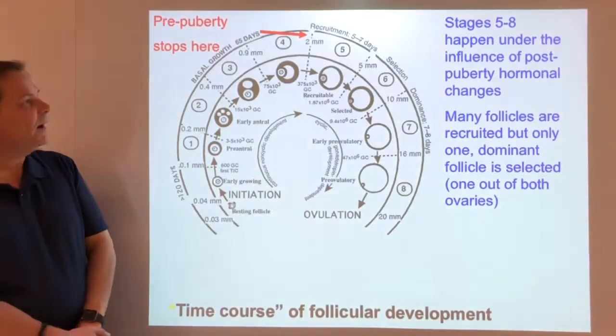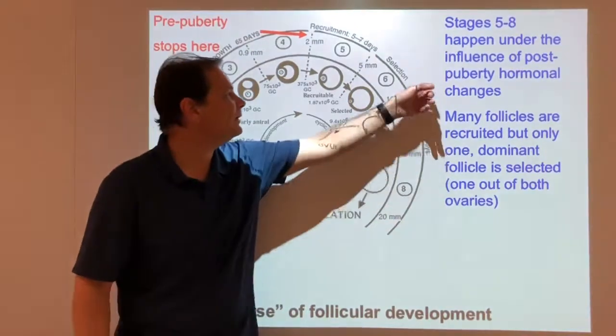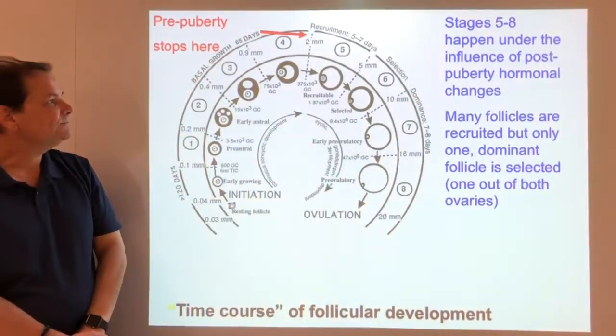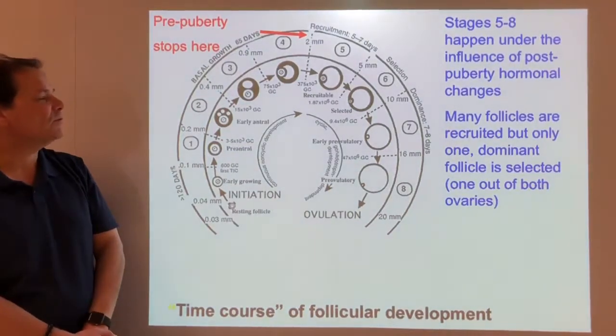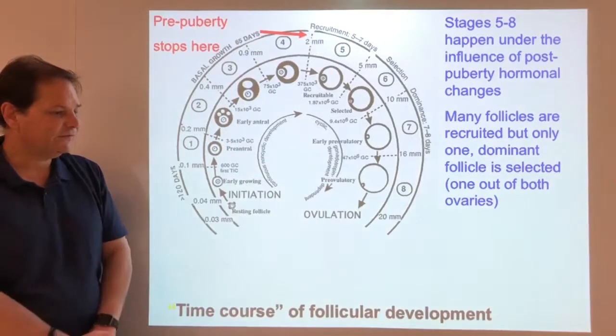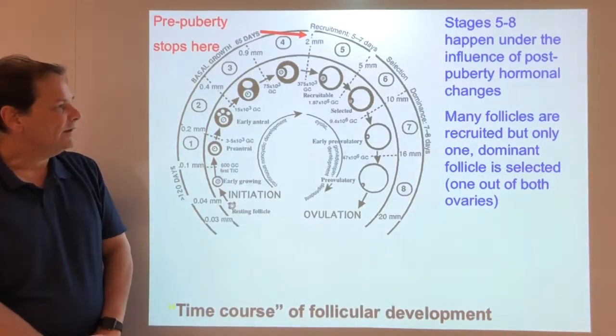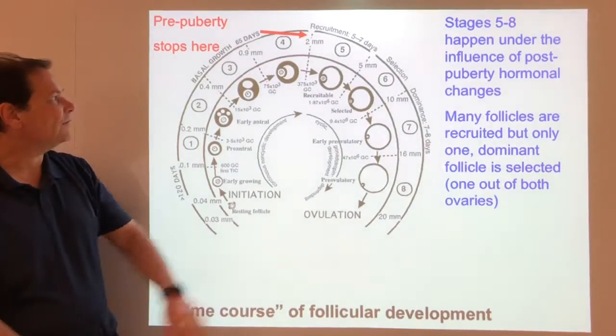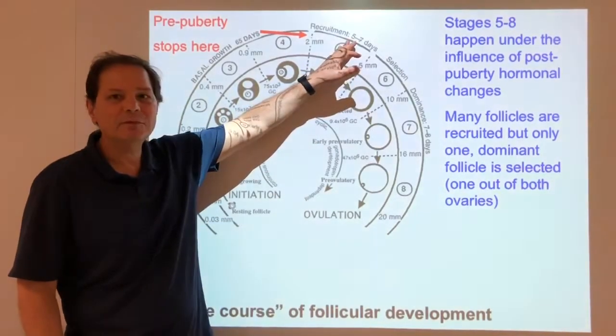Okay. Stages 5 to 8 happen under the influence of the post-puberty hormonal changes, including the existence of the gonadotropins. So many follicles are recruited at stage 5.